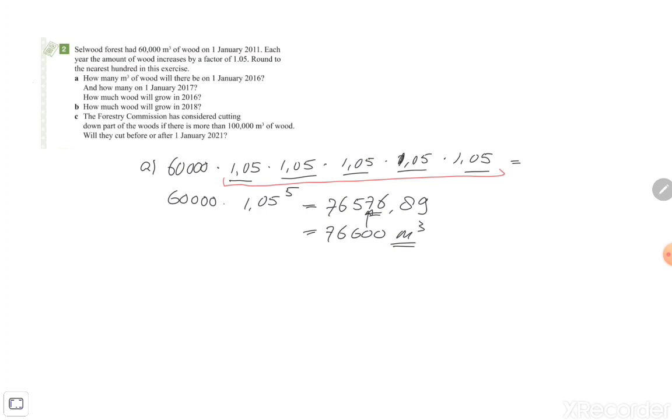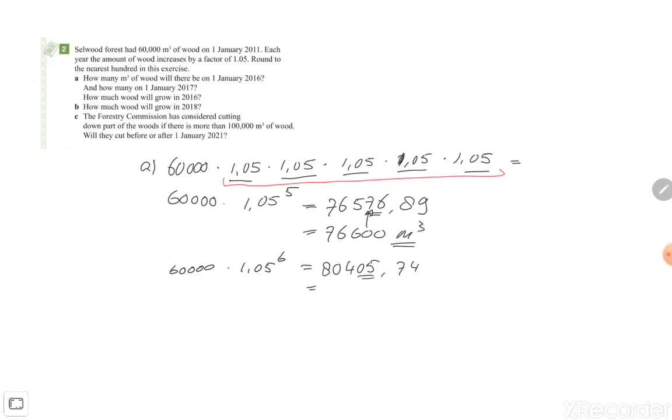But then the second part, because they also want to know what it was on 1 January 2017. Alright, so that's 6 years later. So 60,000 multiplied with 1.05 to the power of 6. And there's the answer, 80,405.74, rounded to two decimal places, but we need to get it to the nearest 100.